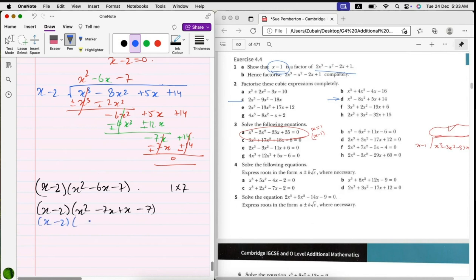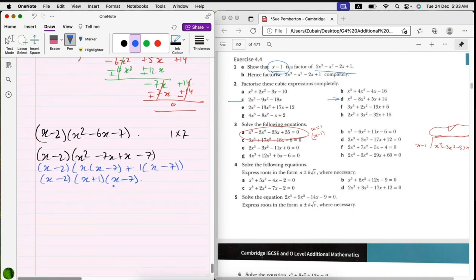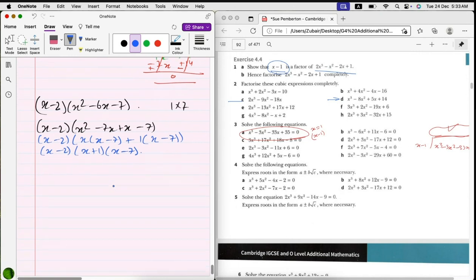Take out common: first two is x minus 7. No common in second two, so that's 1 into x minus 7. x minus 2 into x plus 1 into x minus 7. And we're done with D.